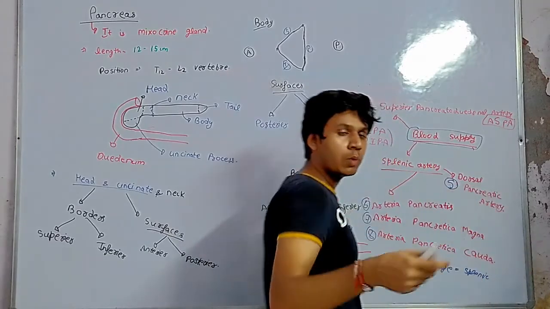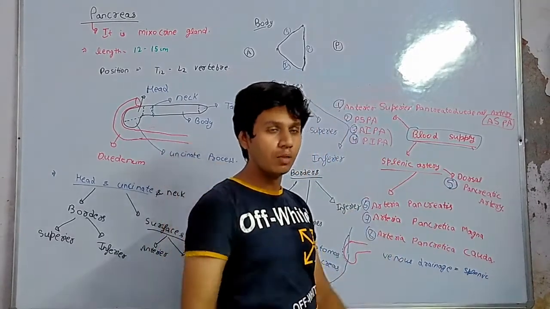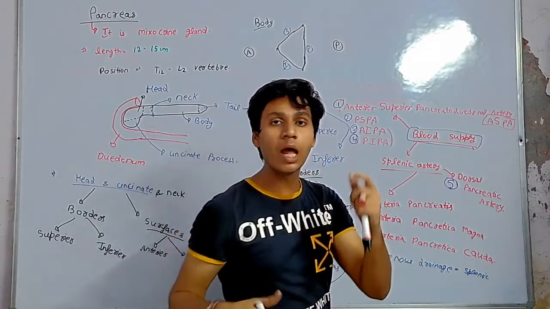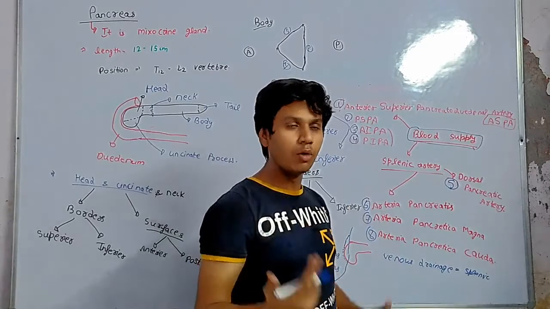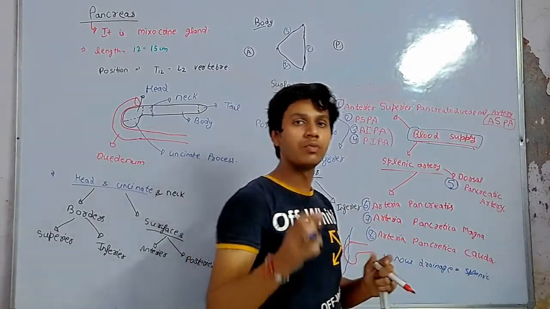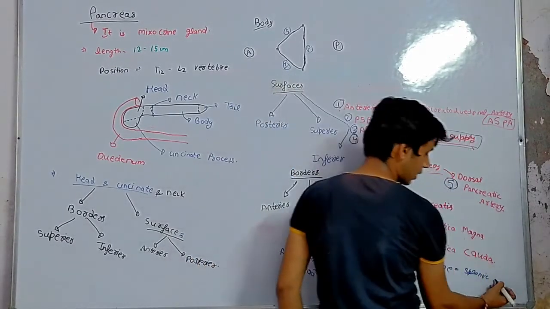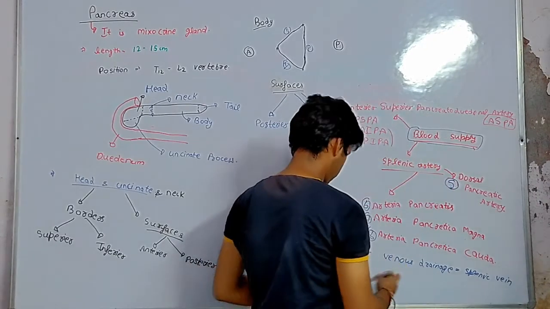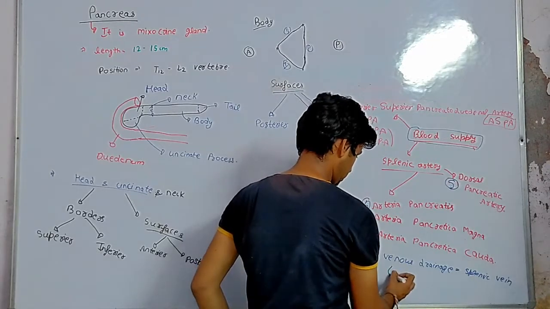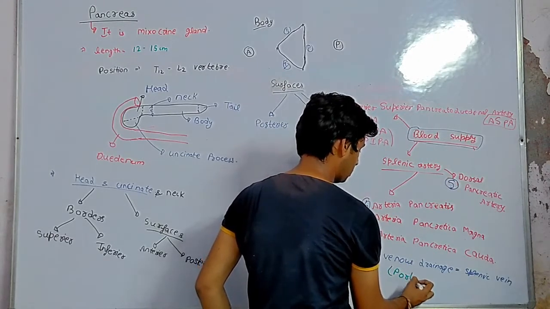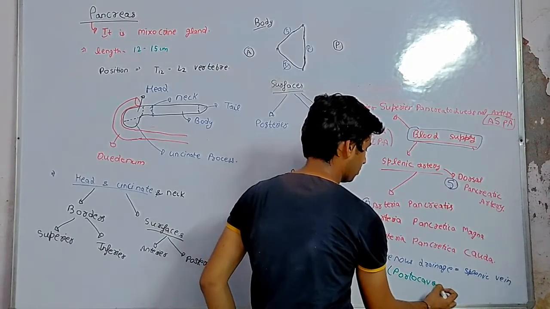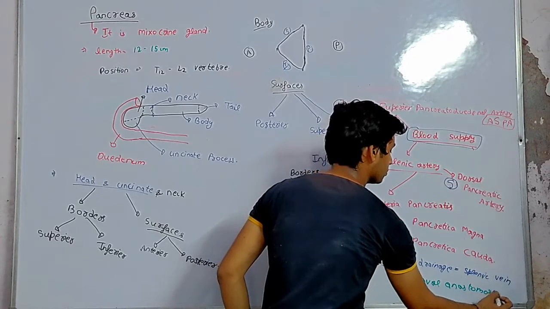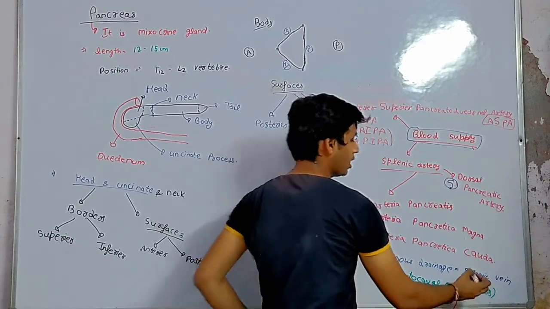Posterior abdominal wall. Remember, we have shown that the portocaval anastomosis is at the posterior abdominal wall, with the splenic vein and branches of the inferior vena cava. So the splenic vein or renal vein is the site of portocaval anastomosis. Which branch? Portal vein.